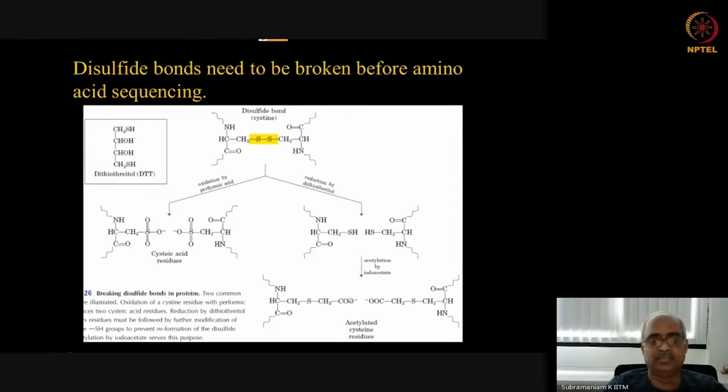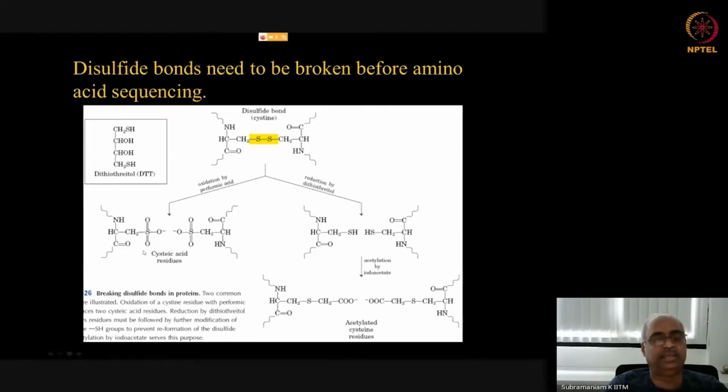And these acetylated cysteines are not going to form the covalent bond. So this is one way. Another way is that it is oxidized using performic acid to have sulfonate groups on the cysteines, called cysteic acid, and they again are not going to form covalent bonds. So this is the way by which the disulfide bond is broken.